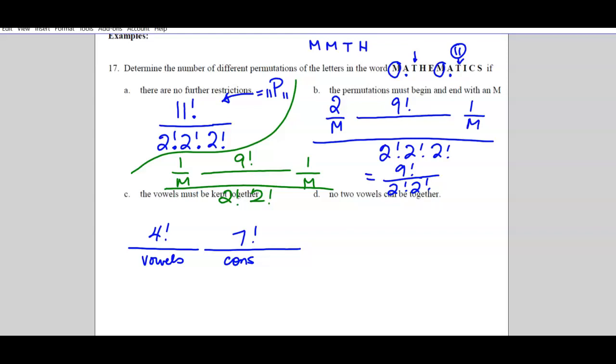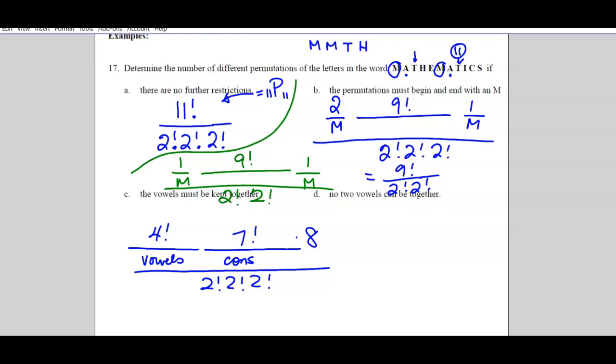So remember, this could be at the beginning, or it could be after the first consonant, or after the second, or after the third. Basically, we're arranging the group of vowels and the consonants, so that would be 8 factorial. Got to divide, though, by the repeats. Okay?